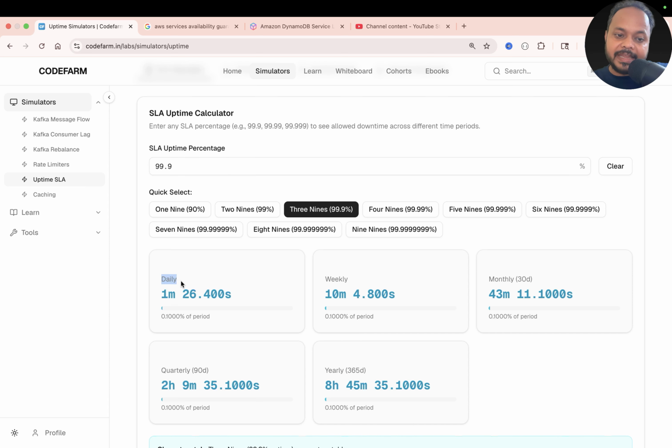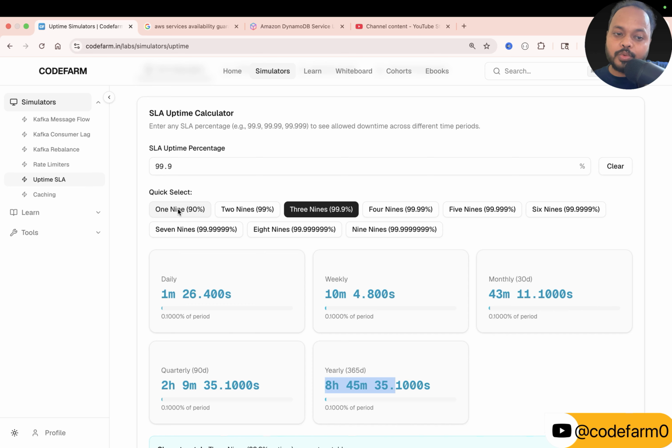Daily, 8.6 seconds of downtime is possible, 1 minute in a week, 4 minutes 19 seconds in a month, 12 minutes 58 seconds quarterly, that means 90 days, and yearly it has a possibility of downtime of 52 minutes 35 seconds.